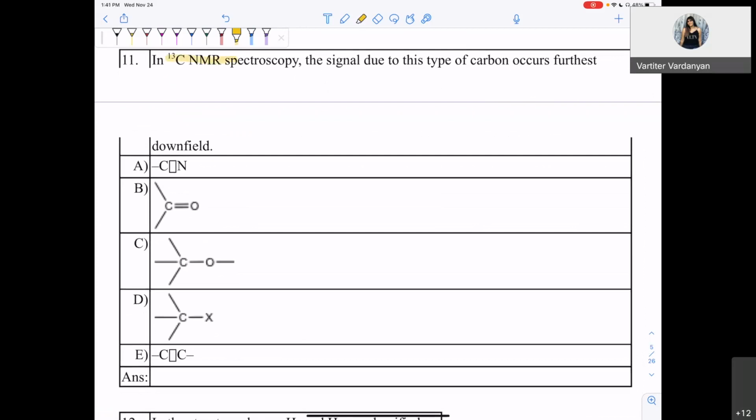Again, we're asking about carbon NMR, and this box is just a triple bond. So it's saying C triple bond N. It's asking which carbon is going to occur furthest downfield. And we know that downfield equals de-shielded.